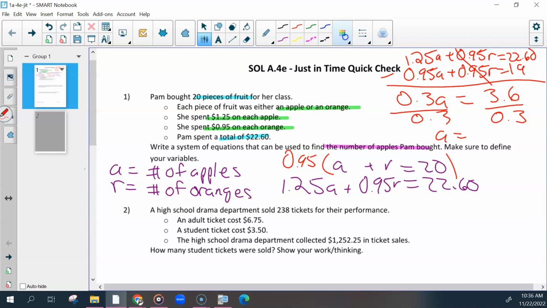This will actually help you with that. 12 apples. Make sure you define what you are looking for also. Do we have any questions on that one?